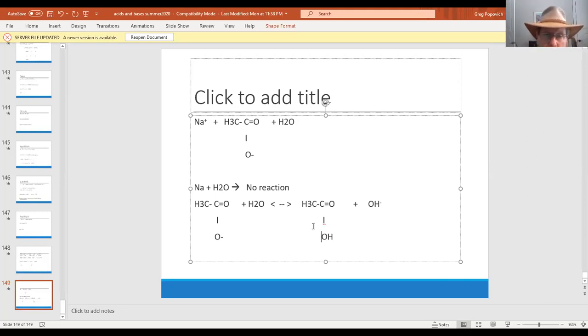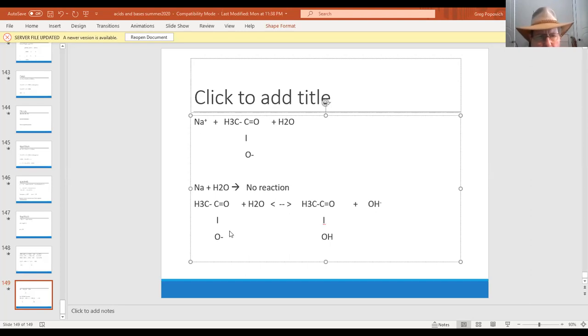Now, the 3 hydrogens that are bonded to the carbon are bonded covalently. Those bonds can't be broken. So these are non-titratable hydrogens. These do not split off and make a bond.